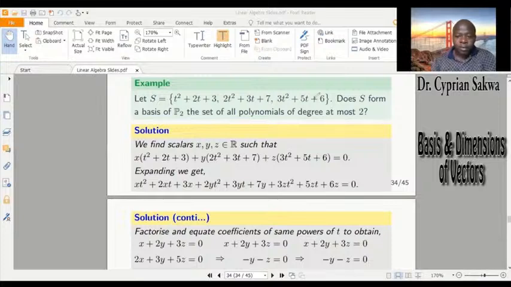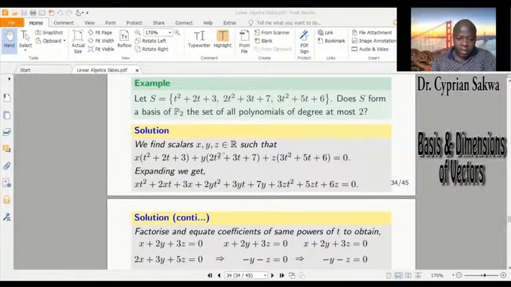For us to answer this question, we just need to see whether this set of polynomials is linearly independent. To do that, we need to see whether we can find scalars x, y, and z, not all of them 0, such that x times the first polynomial plus y times the second polynomial plus z times the third polynomial gives us 0.